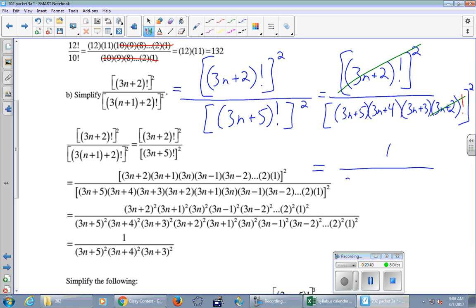I've got a 3n plus 5. It is inside of a square, let's go ahead and deal with that now. It's squared. I've got a 3n plus 4, it is squared. And a 3n plus 3, and it is squared. And everything else disappears.